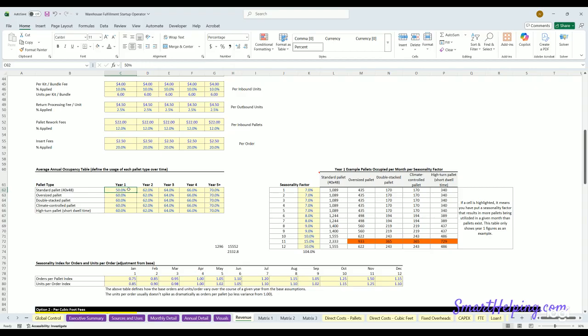If this were, say, 80%, okay, we're good for month one, all these 7%, 8%, that's fine. But as soon as we get up, we actually can't go over 10% in a given month for seasonality.